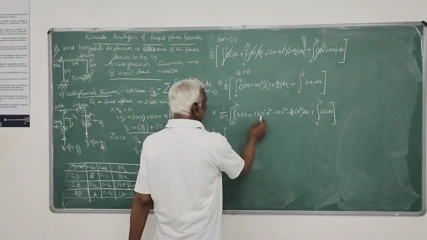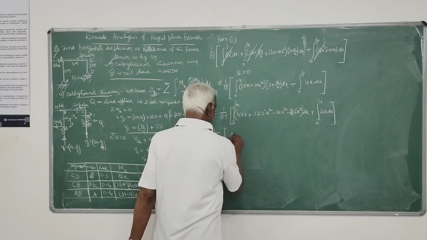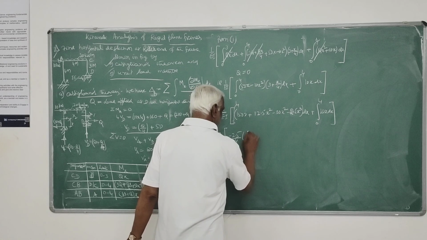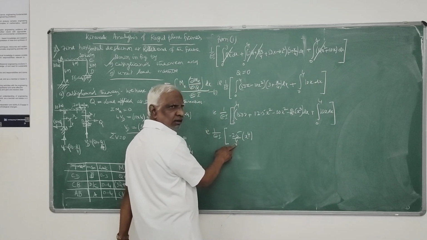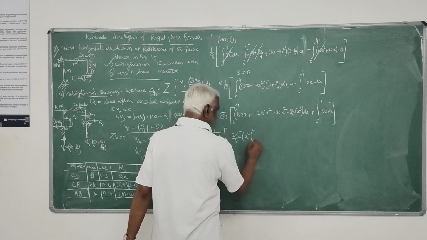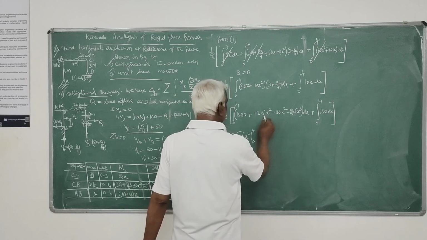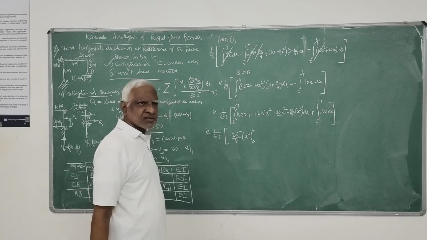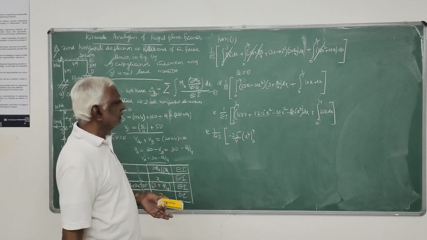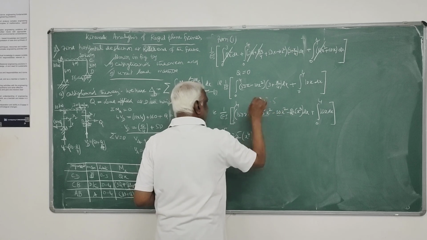Here I will take first x cube, that is minus 2.5 into integral of x cube dx, which is x4 by 4, that 4 I will take outside, limits 4 to 0. Next, 12.5 x square and minus 30 x square, I will add, I get minus 17.5.